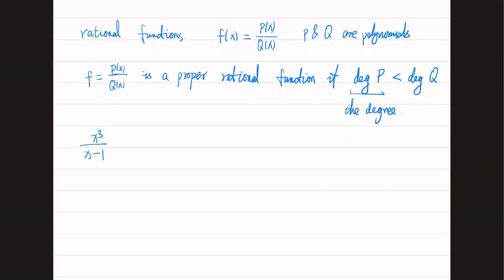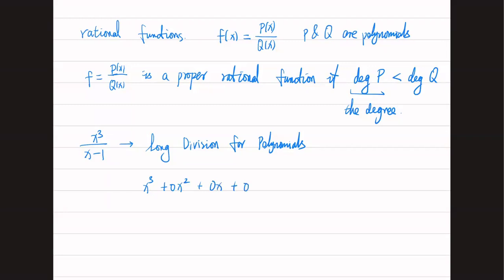Whenever it's improper, we can use long division of polynomials to convert it. x cubed, there's no square term, no x term, so 0, and no constant.